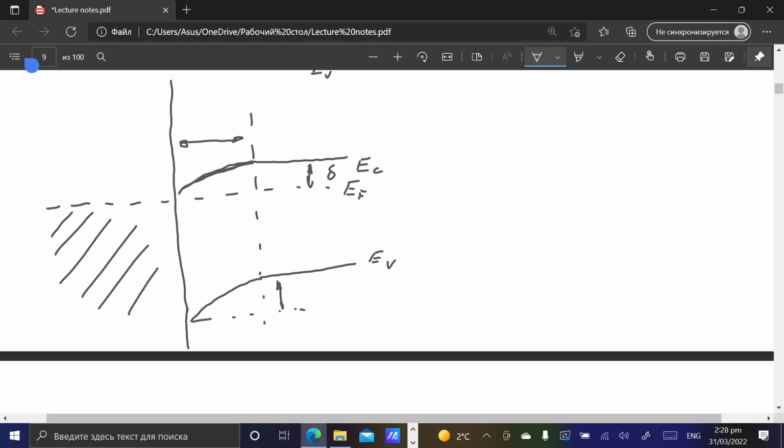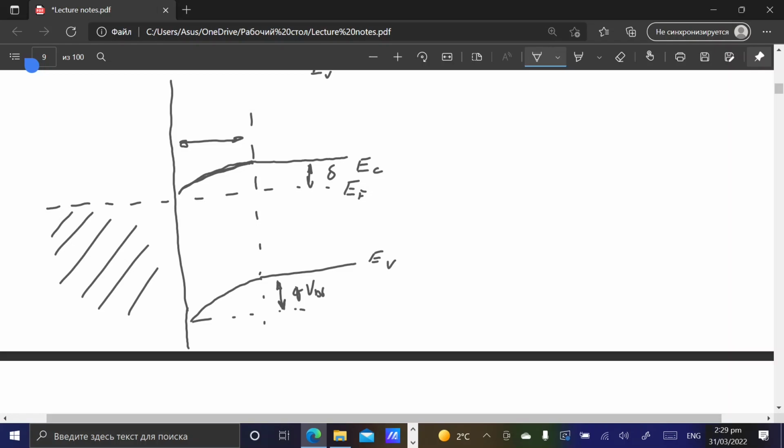This is our band bending, which is also Q times VBI, and also this height of the band bending will be determined by the difference of work function of metal and semiconductor.